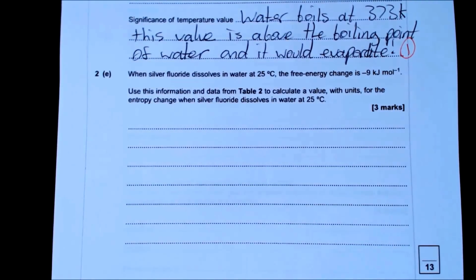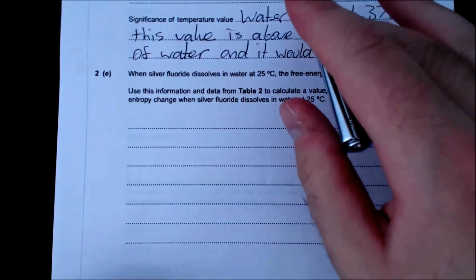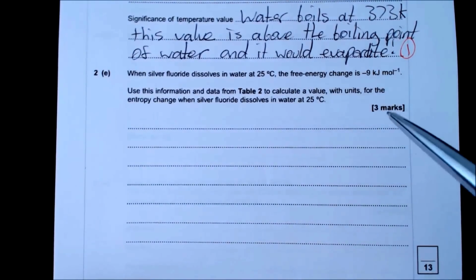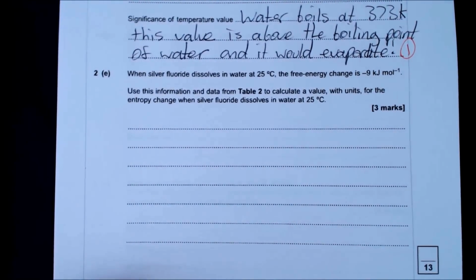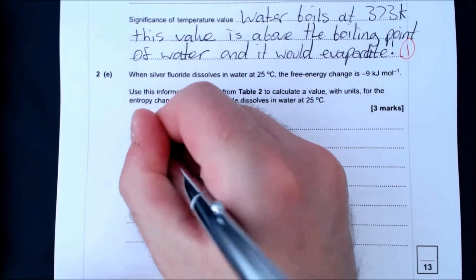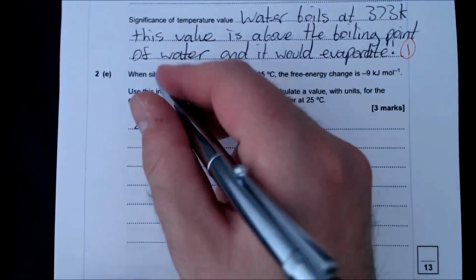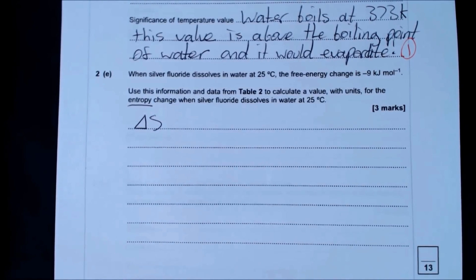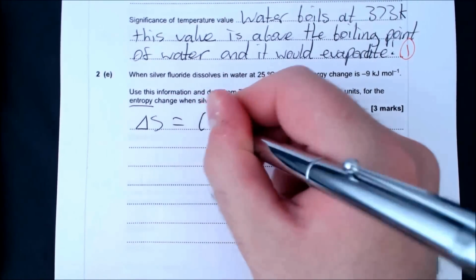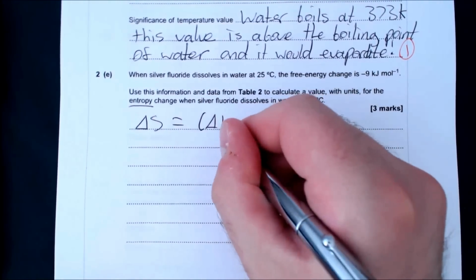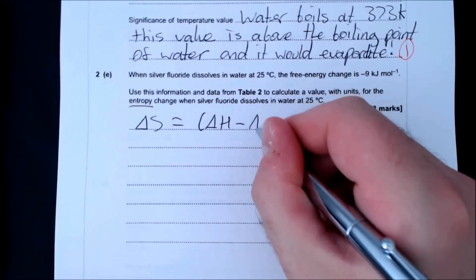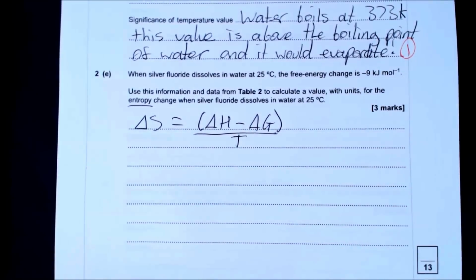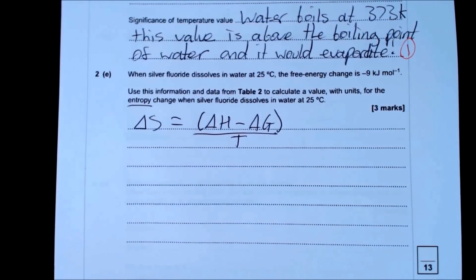Right, so what we have to do is we're taking obviously this equation, our delta G equals delta H minus T delta S, and we're going to rearrange that, and we need to work out an entropy change. So we'll need to do delta S, and if we rearrange that, we get delta H minus delta G divided by T, and so there's our rearranged equation.